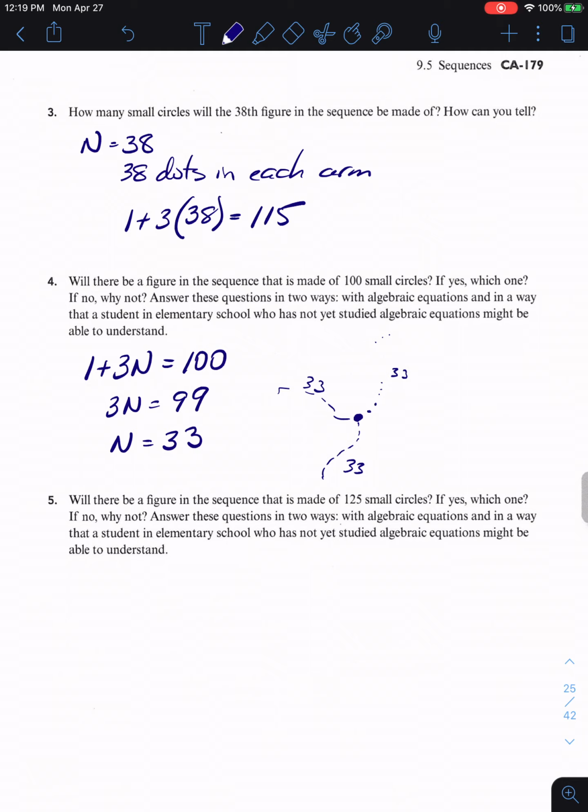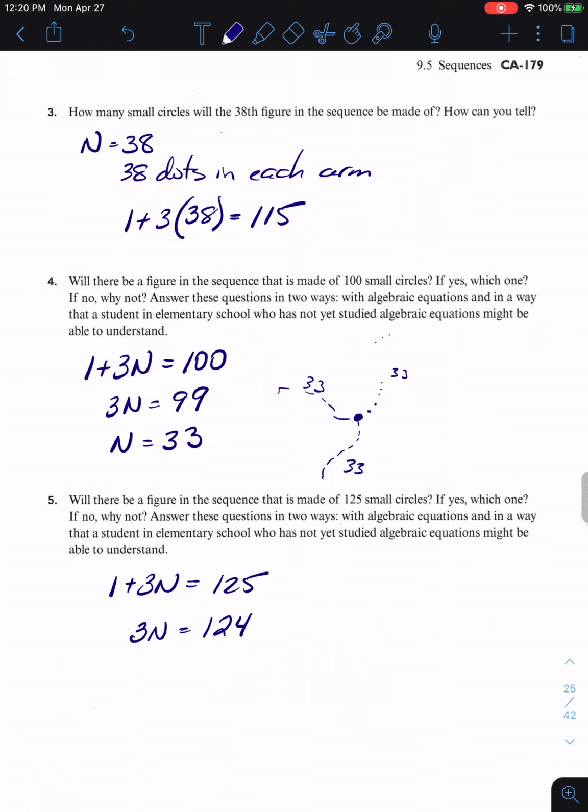Is it possible that a figure would have a sequence of 125 small circles? I wonder. Is it possible to have 125? So if 1 more than 3n is 125, then 3n would have to be 124. Is there any way that we can make a figure with arms with 124 dots in the arms?